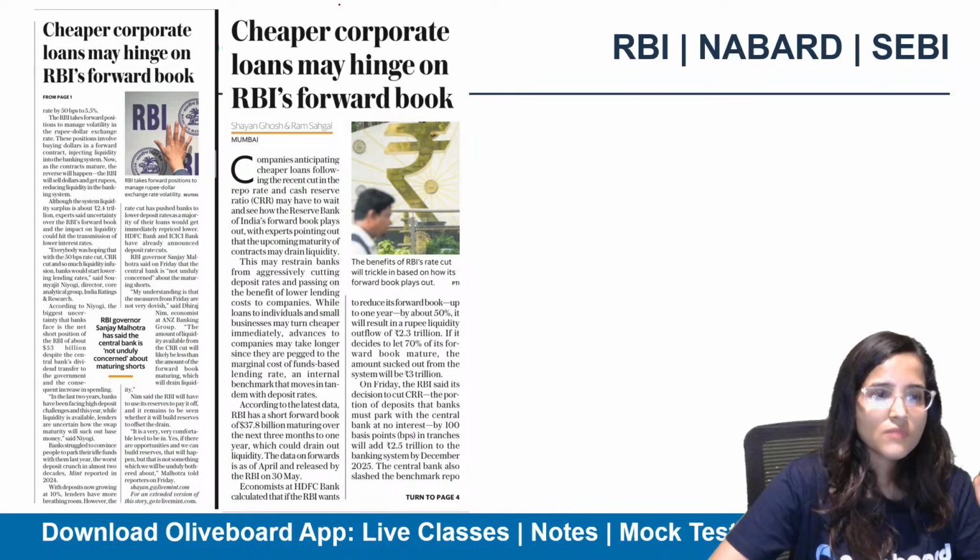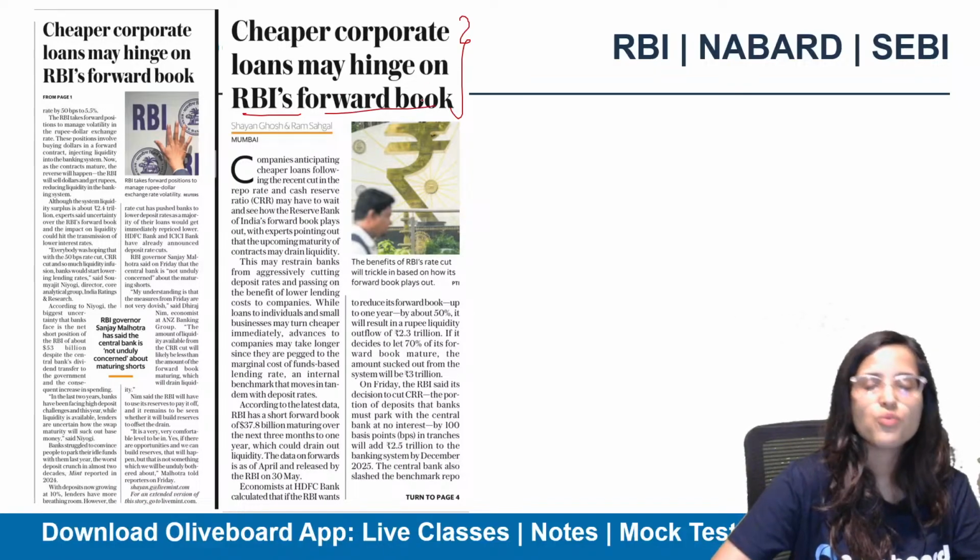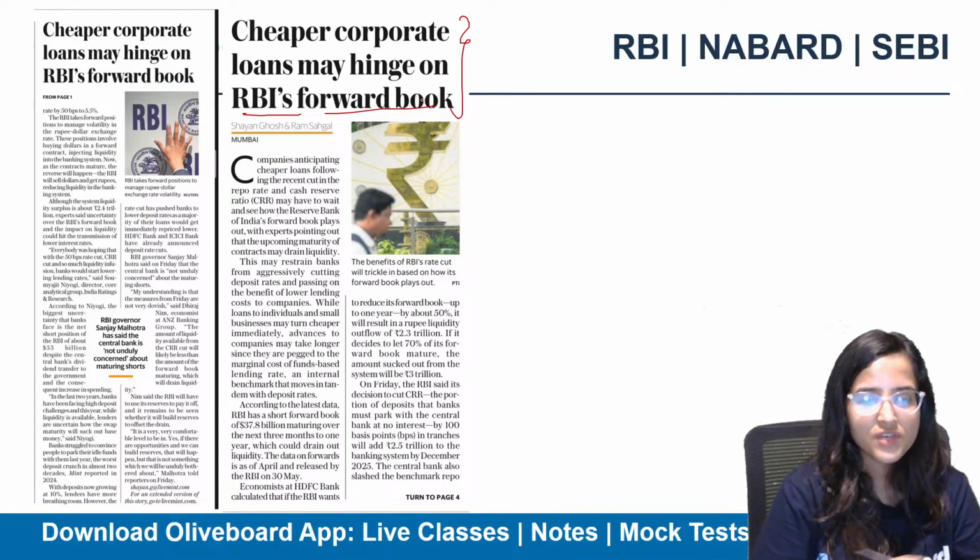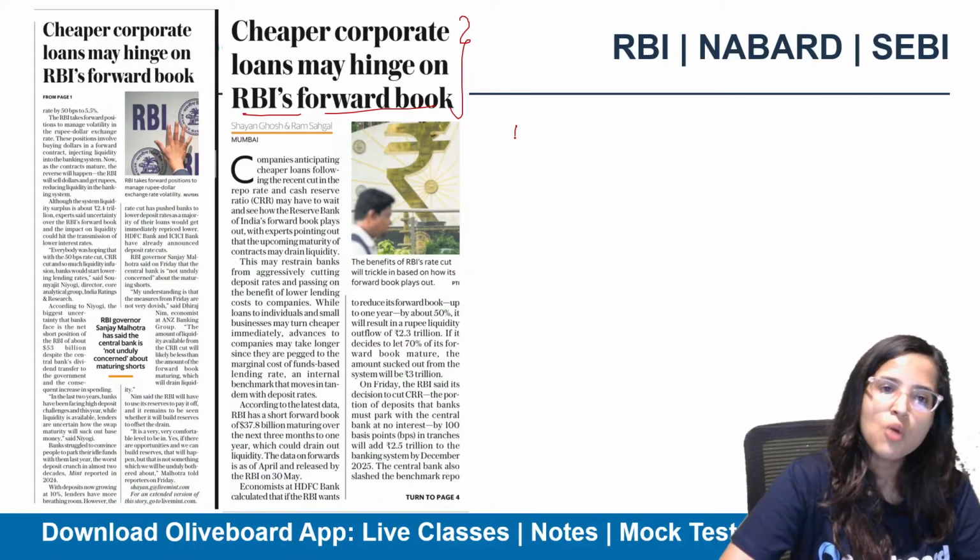Okay, here there is another article: cheaper corporate loans may hinge on RBI's forward book. Now look, in your previous classes also I have explained what the RBI does.